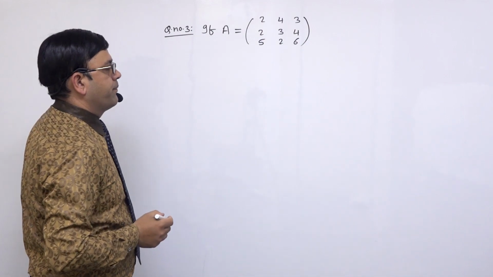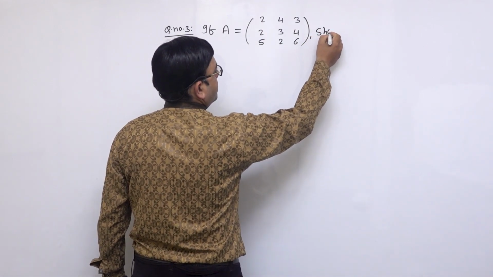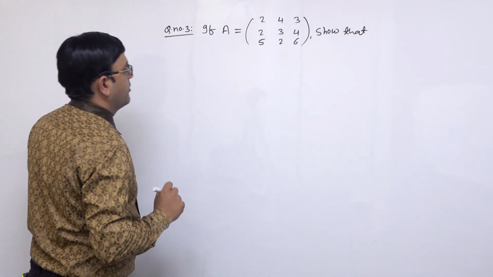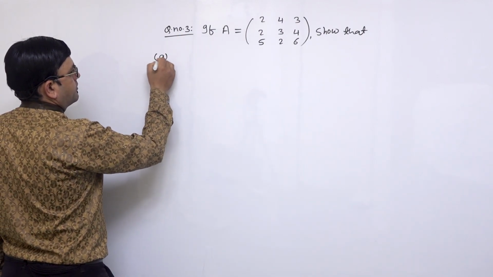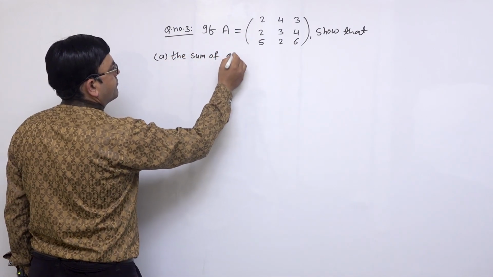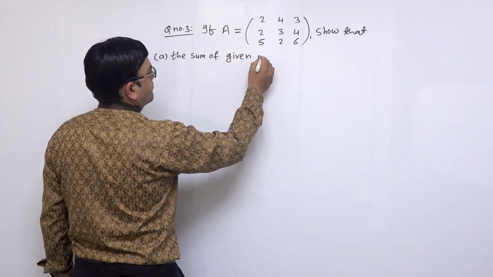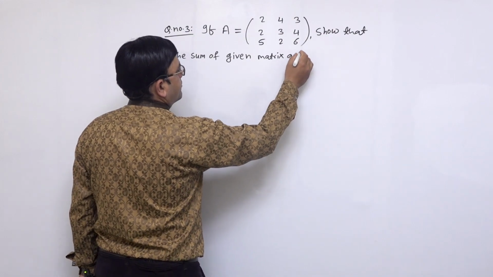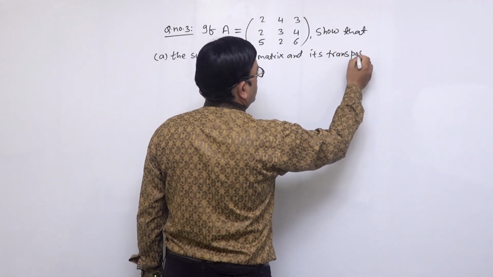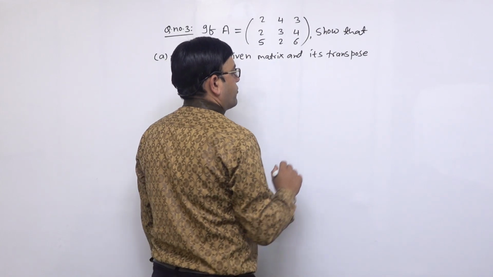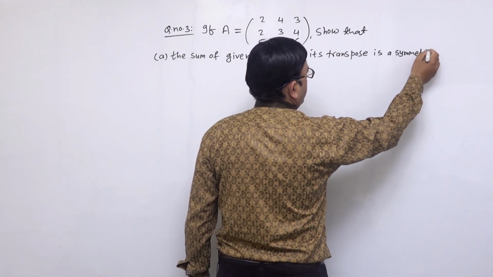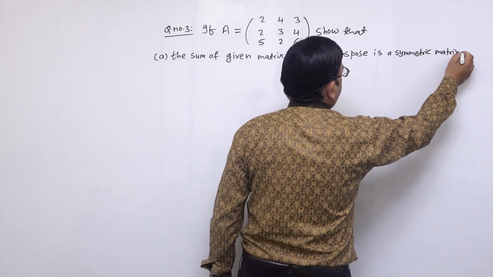Suppose this is matrix A, so that in A, first, the sum of the given matrix and its transpose is a symmetric matrix.